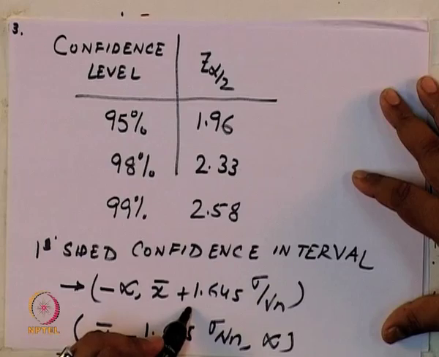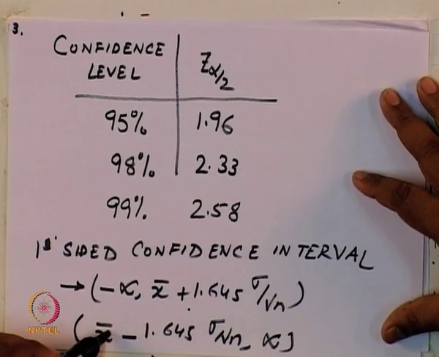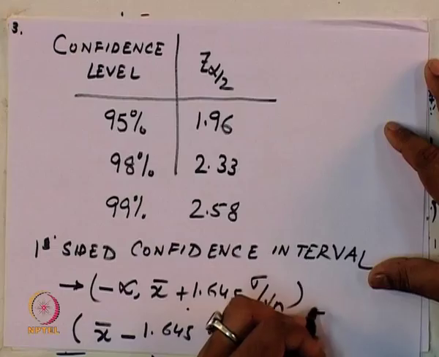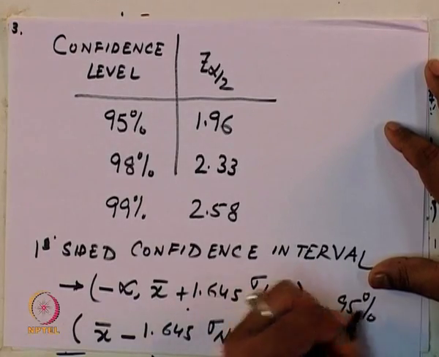So this gives you the maximum value, and this gives the lower value. This is for 95% confidence.